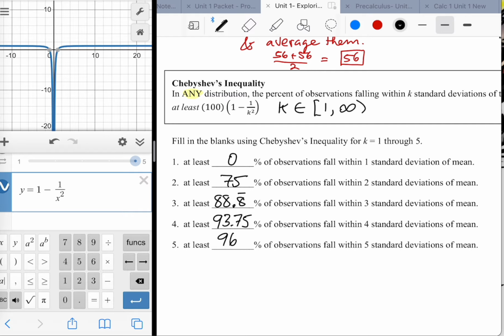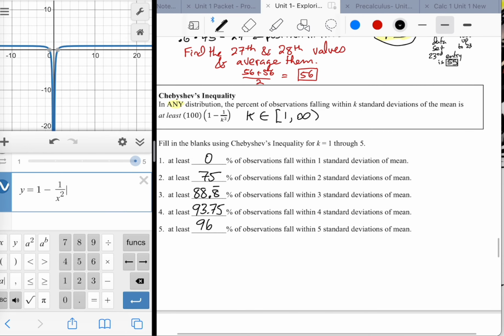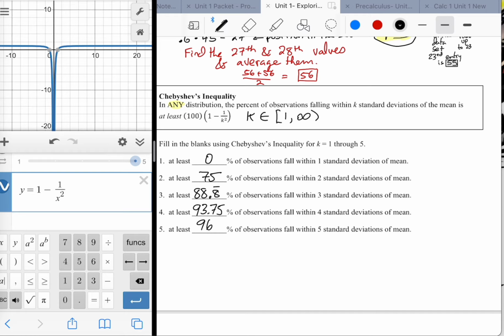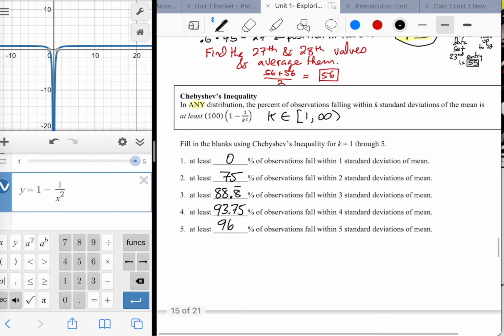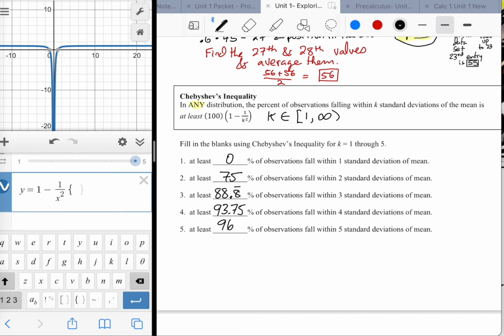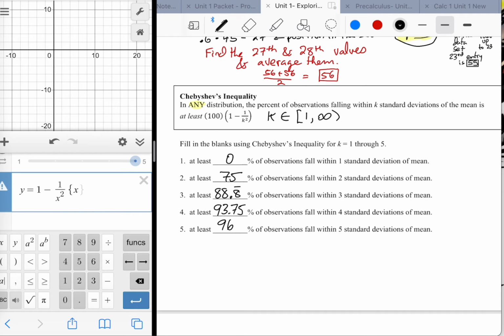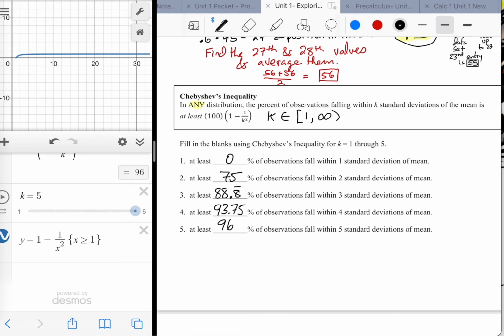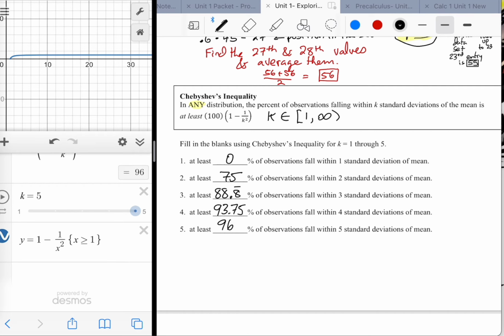All right. So for Chebyshev's inequality, they're saying at least 1, in terms of the number of standard deviations away from the mean. So what I would do is open a squiggly bracket after the equation, then type in x greater than or equal to 1, and it'll give me the relevant part of Chebyshev's inequality, so I could see what's actually happening here.